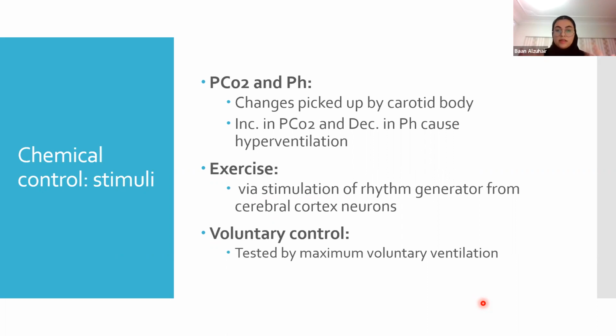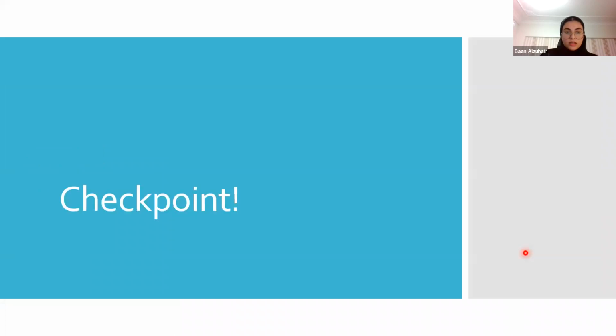So basically it tests everything. It's measured by asking the patient to breathe as deeply and as rapidly as they can for 10 seconds, then calculating the ventilation per minute. For healthy adults, the result is usually 160 liters per minute. And that is it for chemical control.